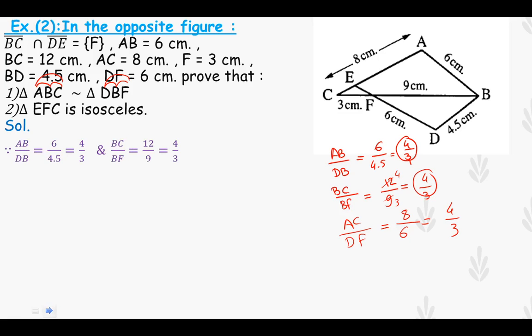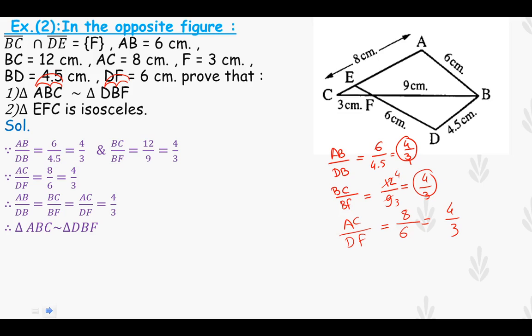AB over DB equals 6 over 4.5, which equals 4 over 3. BC over BF equals 12 over 9, which equals 4 over 3. And the last one, AC over DF, equals 4 over 3. All the corresponding sides are proportional, so the triangles are similar. Let's go to the second requirement.